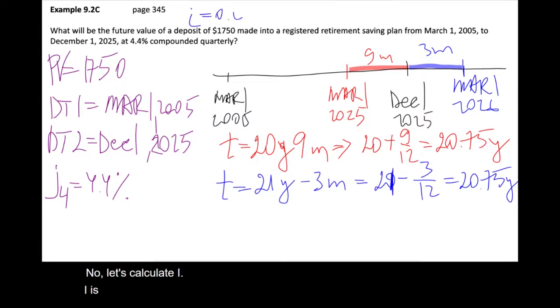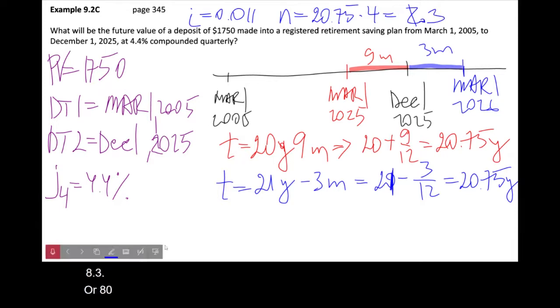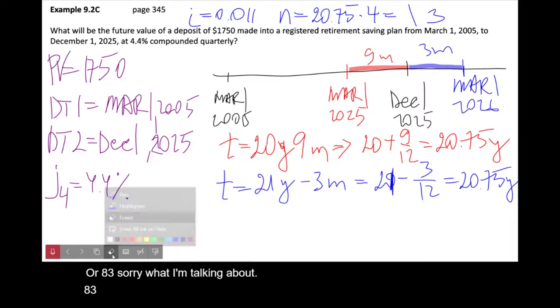Now let's calculate I. I is 0.011. N is what? 20.75 times 4. So 20.75 times 4 is 83. Sorry, what am I talking about. 83.